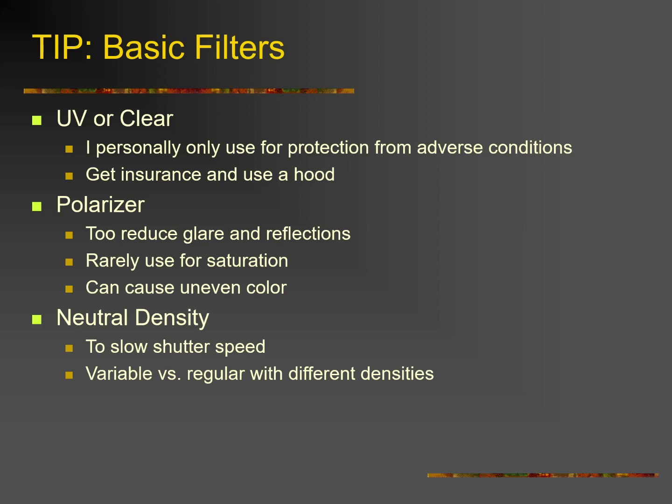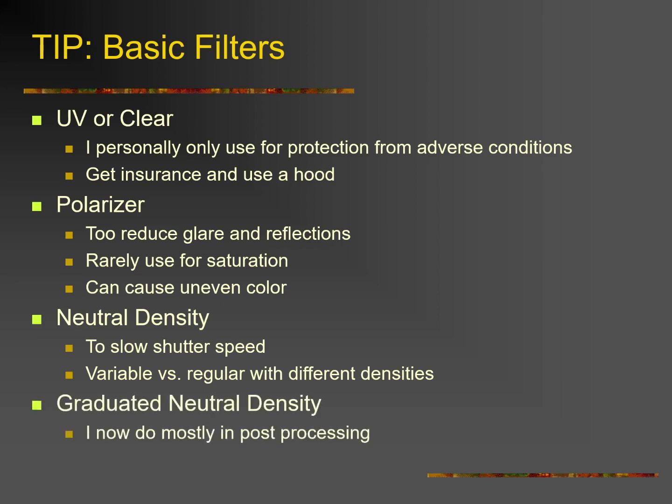The fixed densities I often use in conjunction with a polarizer stacked on top of it to get rid of glare on the surface of water, especially in slow shutter situations. Graduated neutral density filters I used to always carry, have a whole slew of them, two pouches of them. Now I do mostly in post-processing for a variety of reasons, more so than we have time for tonight.